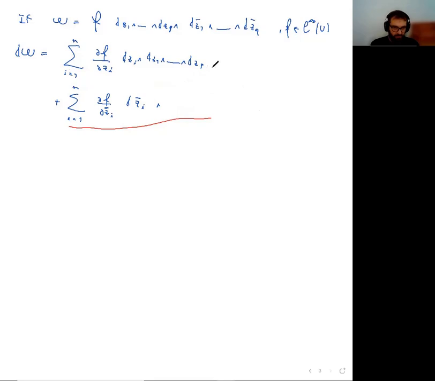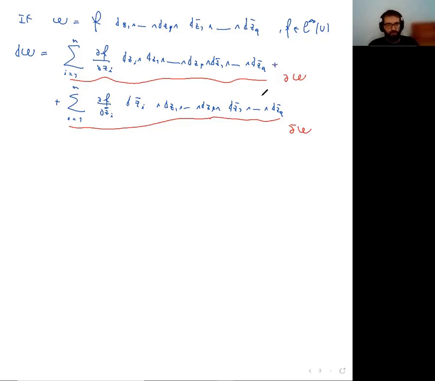You have to put everything: dz1 bar wedge ... wedge dzq bar. Okay, sorry. And this we call delta omega, and this we call delta bar omega.